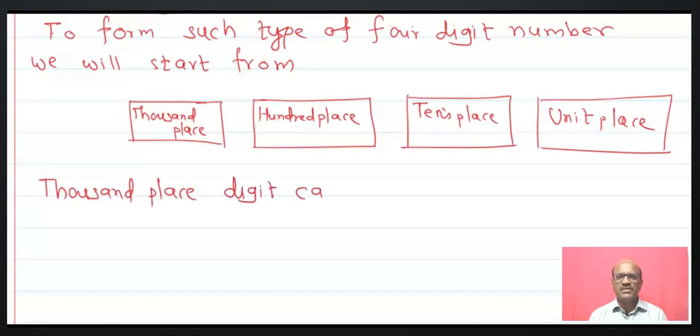For the 1,000 place, the digit can be filled in 4 ways.